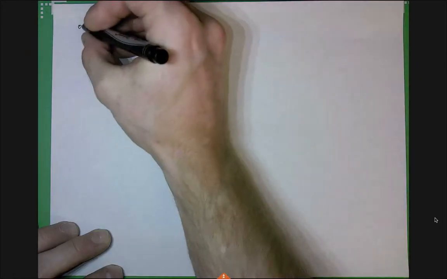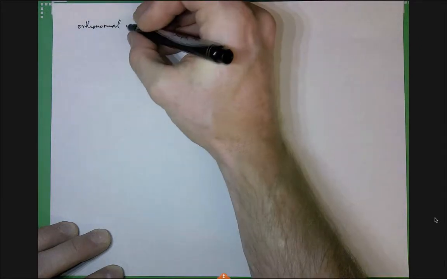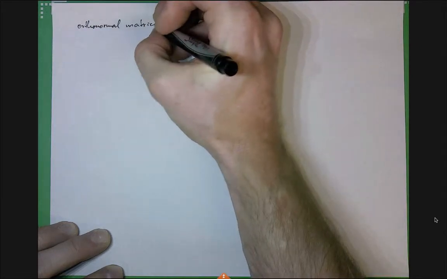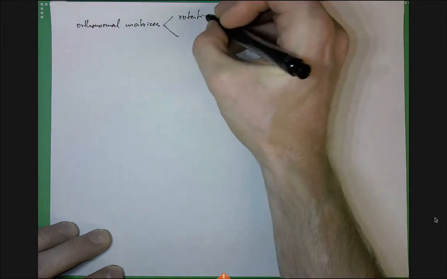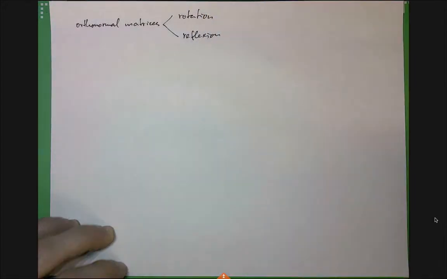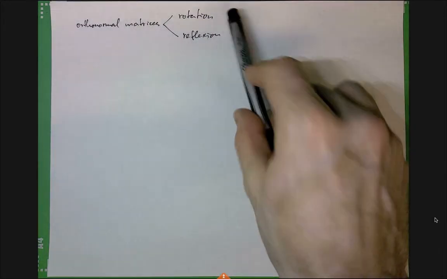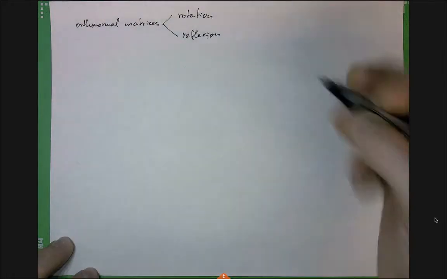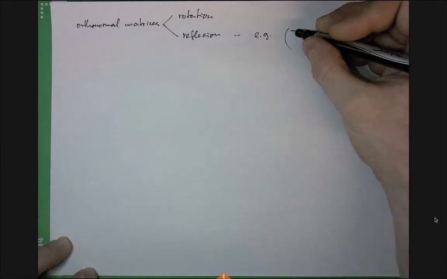Orthonormal matrices can be either a rotation or a reflection. This is important, for example, when we are dealing with rigid bodies, because rigid bodies can rotate but cannot reflect. An example of a reflection in 2D would be this matrix.